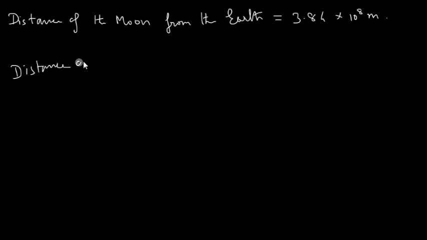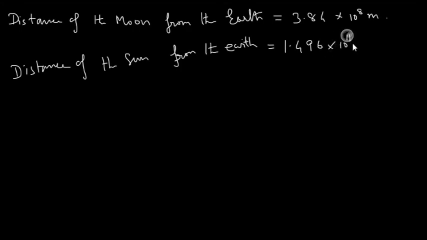Distance of the sun from the earth is equal to 1.496 × 10^11 meter.